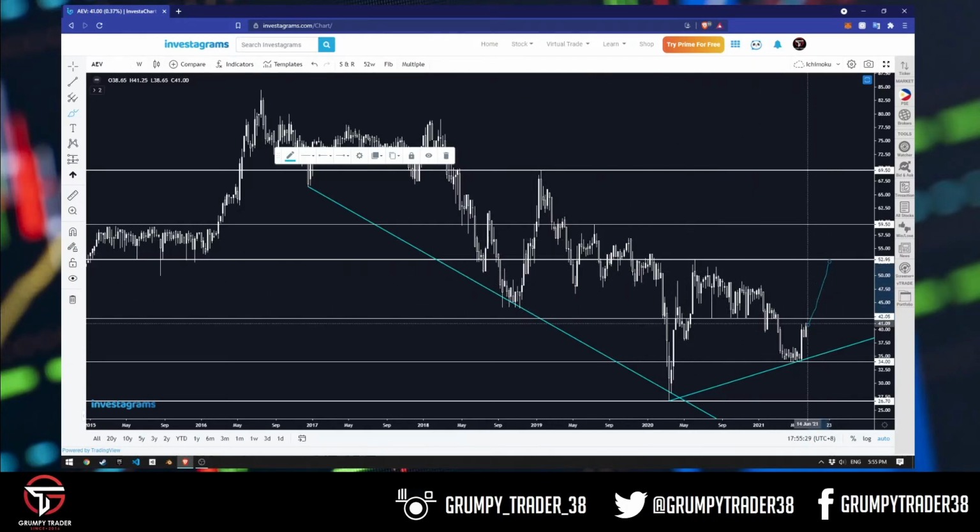Kasi kahit pa sabihin natin na may nabasag siyang weekly na level, yung humarang sa kanya, yung nag-act as resistance, is still a higher time frame level. So hanggang dun lang hinahanap ko. But again, that's just me. What I do is I take some profits here, then I check to see if it's a runner. I trail my stop and then let it run. If it's a runner, then I will take profit at the next level. Then if may konti bang natira, I check to see if we can run even higher.